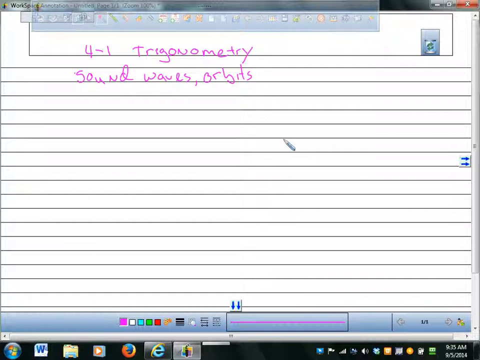Guitar players. Anyone play the guitar? A couple people, right? When a string vibrates, or any sound, it can be modeled by a trig, sine or cosine function pretty simply. And the faster the frequency of that string is, the higher the pitch. Yes, sir. A pilot. For flying.